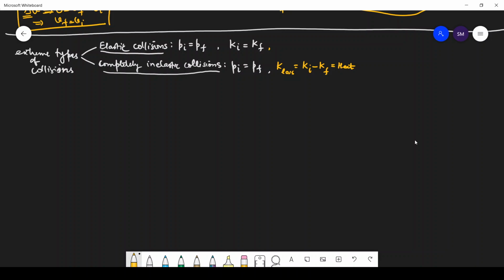That's a very, very important question, one of the most important questions of this chapter, and that is exercise question 6.24. So look into your NCERT books, page 137. Let us read this question together.